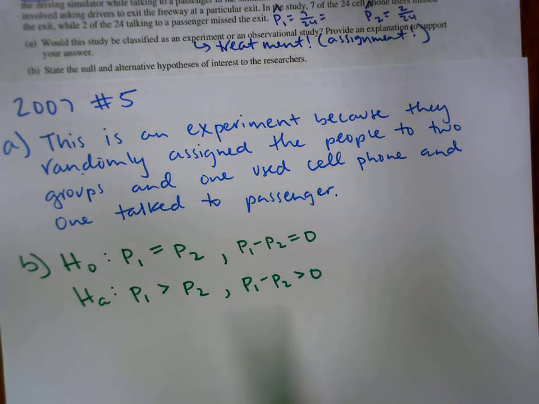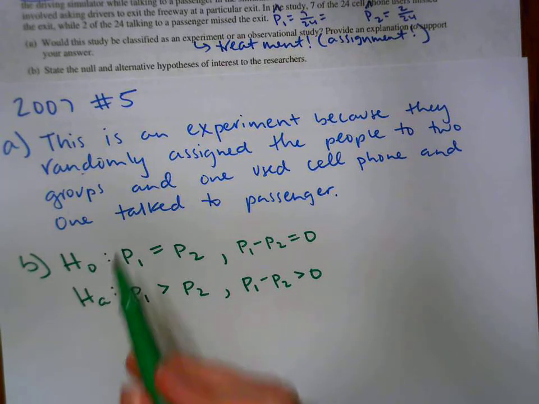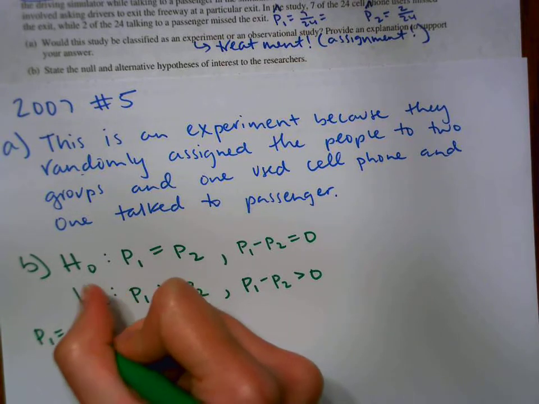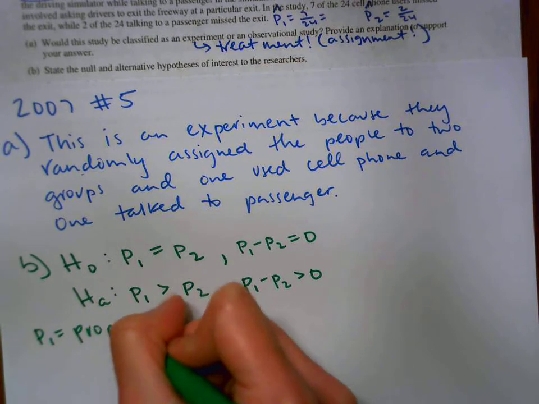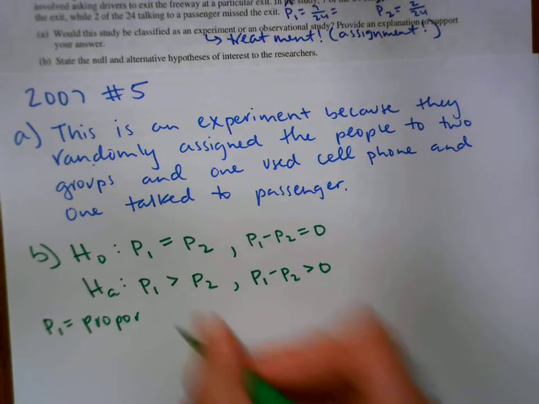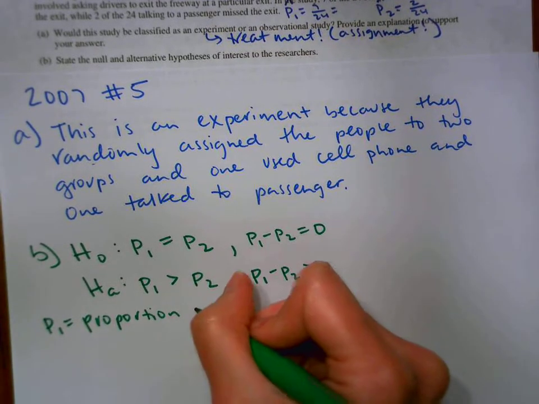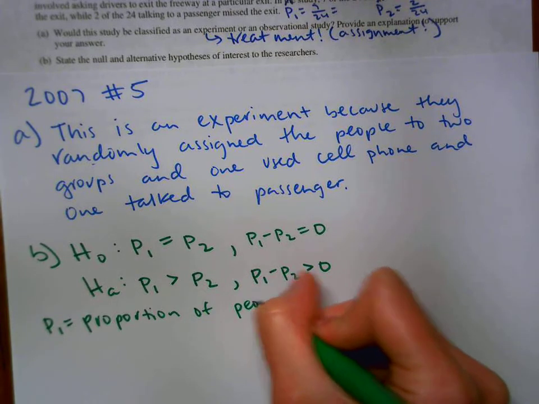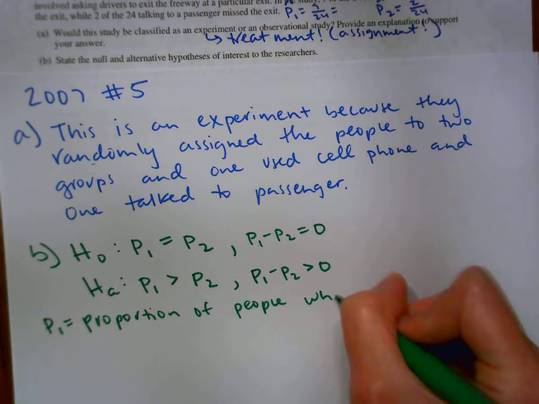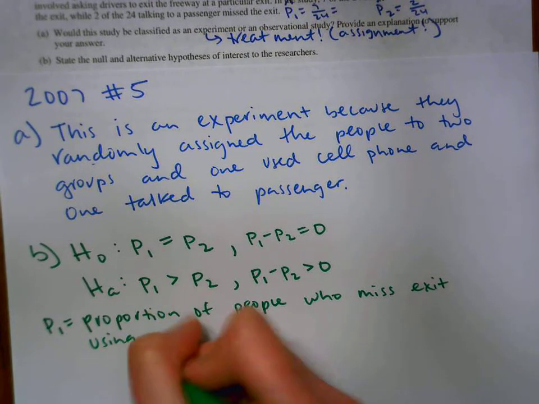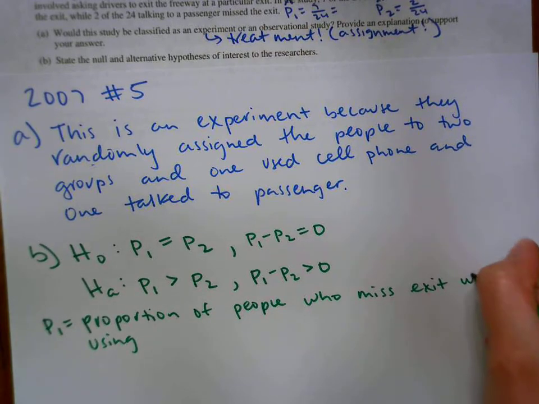Anytime you write down these for an actual part, we need to define what they are. So P1 is the true population proportion of people who miss the exit using a cell phone.